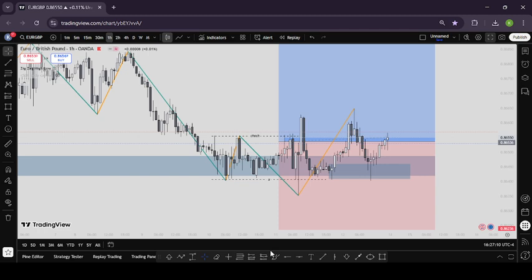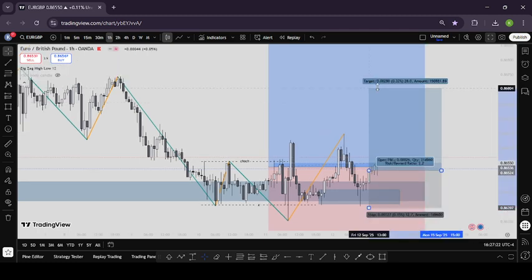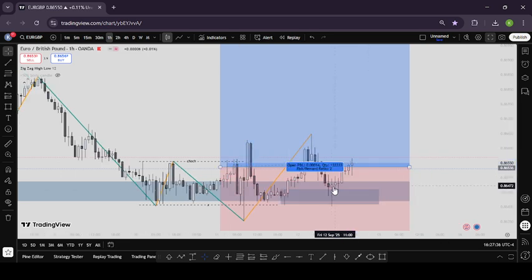And personally, if I had to enter this trade on this, I would have entered after this candle, put my stop loss over there, and target a 1 to 2. This would have been a good candlestick reversal: doji, pin bar, engulfing candle. So yeah, this was my reason for my entry.